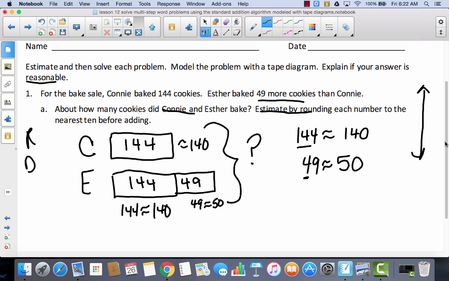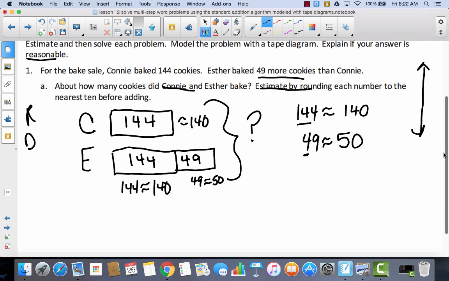Now if I want to know how many cookies Esther and Connie baked, I have to add all 3 of these numbers together. So I have 140 plus 140 plus 50. So I have 4, 4, and 5 tens. 4 and 4 tens make 8 tens, plus 5 tens makes 13 tens.